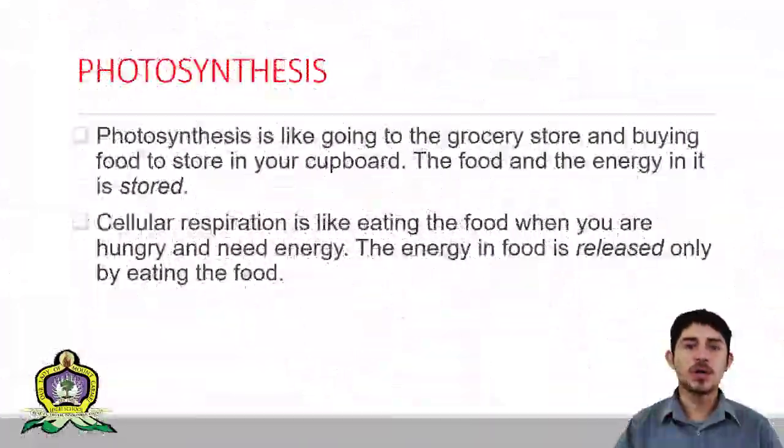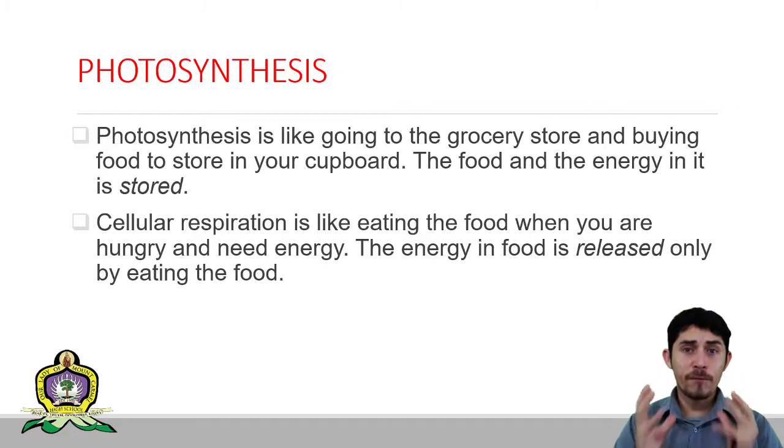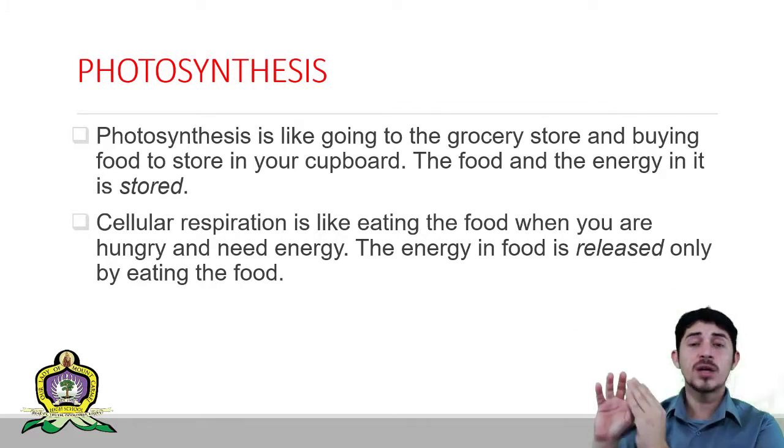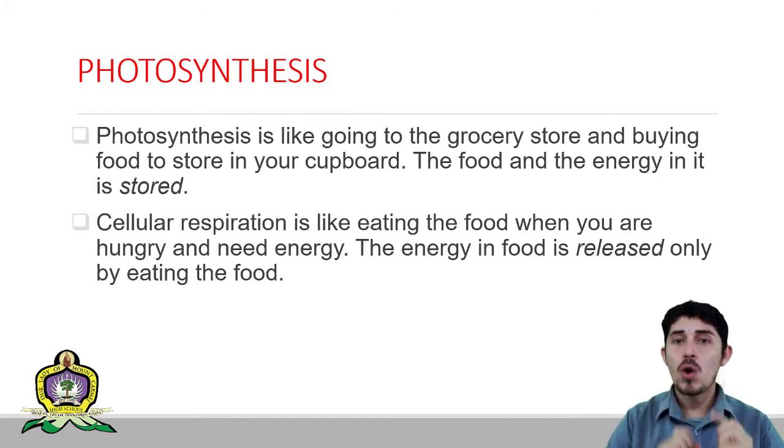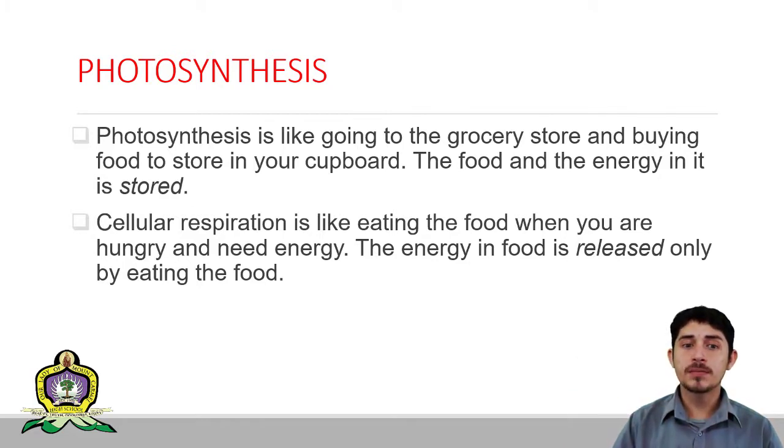So let's read it together. Photosynthesis is like going to the grocery store and buying food to store in your cupboard or your pantry. The food that you buy has energy inside and you are storing it. That's what photosynthesis is doing. It's storing that energy. Once that energy needs to be used, cellular respiration is like eating the food when you are hungry and need energy.